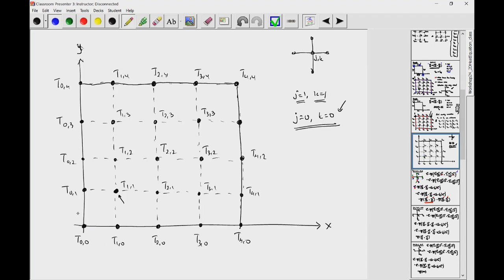So this is your J0, K0. So your stencil would have been something like this. Okay, and you can see that it involves 2 points that are beyond your solution domain. So that is why we don't collocate at J equals 0 and K equals 0, which is the same reason why we don't do it with a central difference scheme for the 1D problem as well.